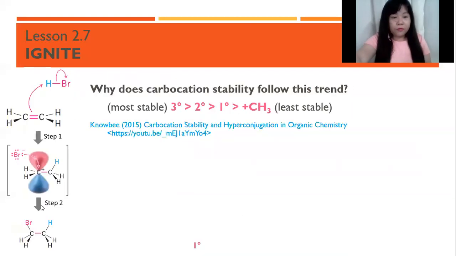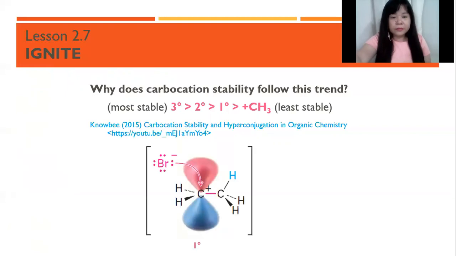So from this illustration, let's take a closer look at the structure of this carbocation. Here is an example of a primary carbocation, and let us take a look at the orbitals comprising it. For this carbon, we have a trigonal planar shape around it and the empty p orbital.